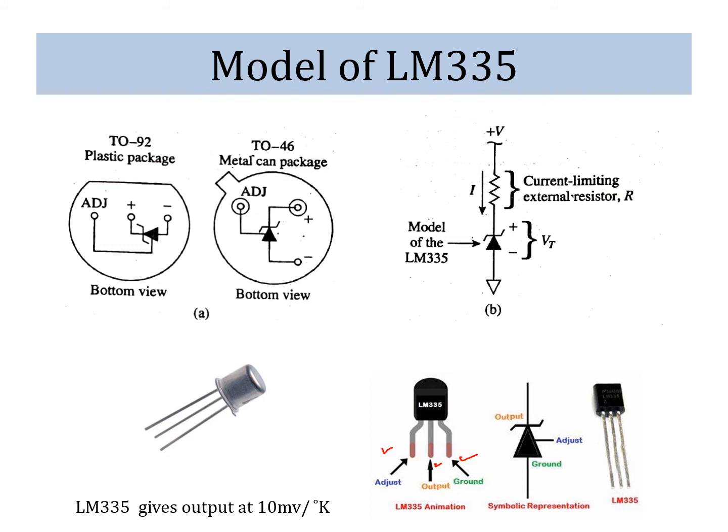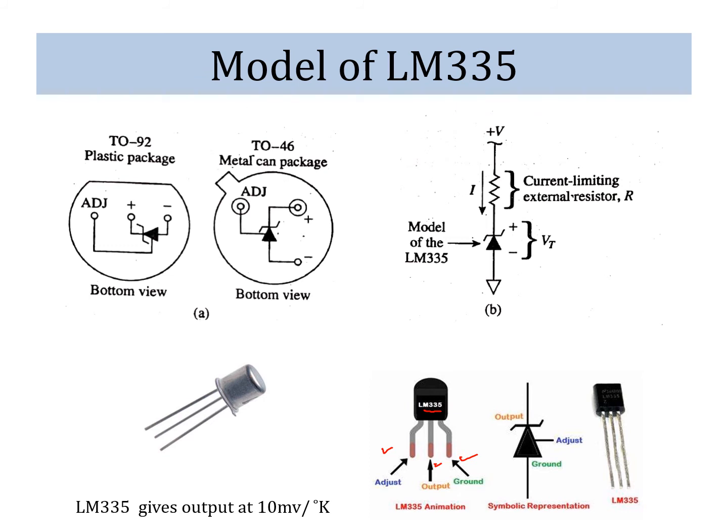When I say first pin, it means the printing portion of this IC is facing towards you, and the most left side pin is the adjust pin, the central pin is the output pin, and the right pin is the ground pin.